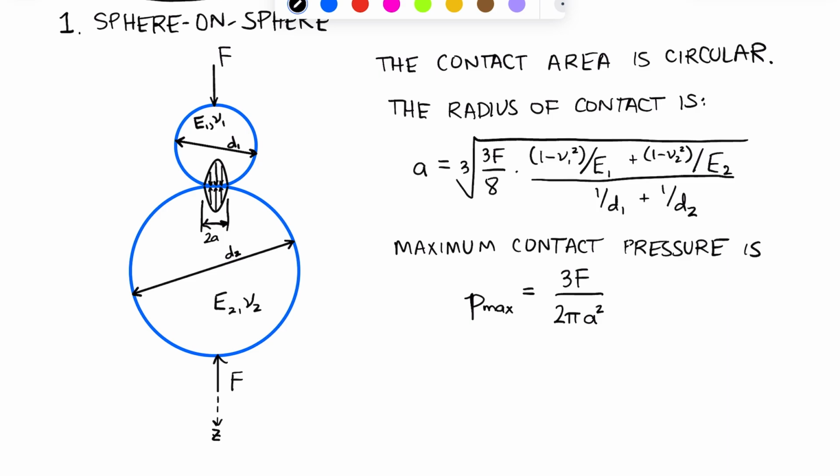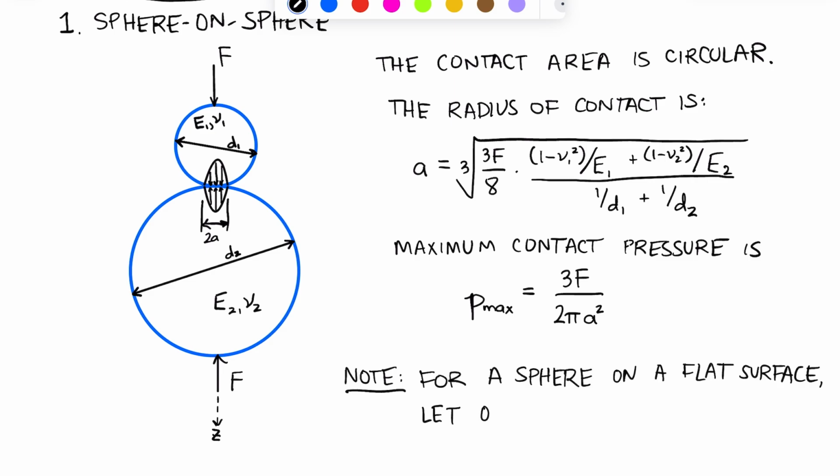This also works for a sphere on a flat surface. If we let the diameter representing the flat surface equal infinity, and effectively what that's going to do, if we take a look at this radius of contact equation, if we plug in infinity, say for d2 here, we're going to get a 1 over infinity term in the denominator. 1 over infinity approaches 0, so we effectively will just eliminate this term.